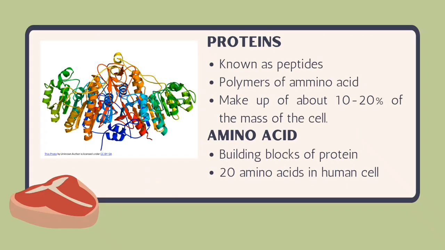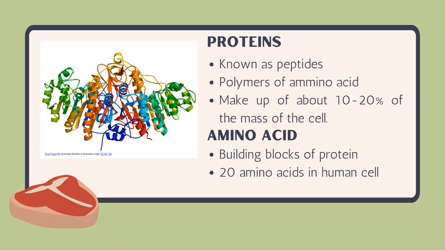The next major category of biomolecules is proteins, or formally known as peptide. It is a large complex molecule that plays many crucial roles in the body, such as structural support, transport of molecules, and fighting infection. It is a polymer of amino acids, and they have many functions in the body, such as structural materials in hair, nails, and connective tissue.